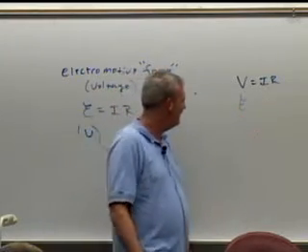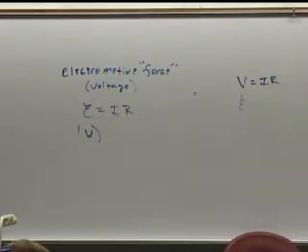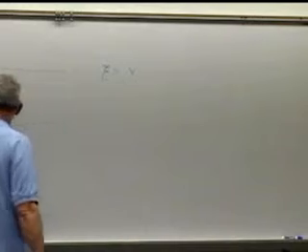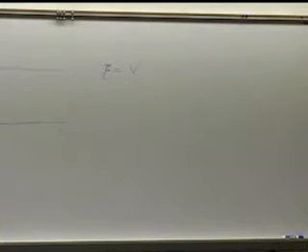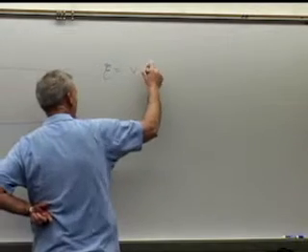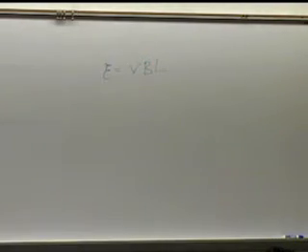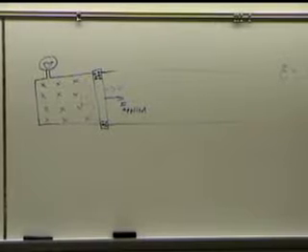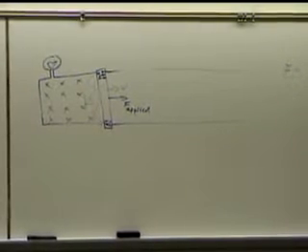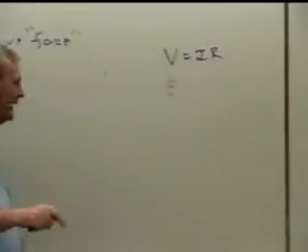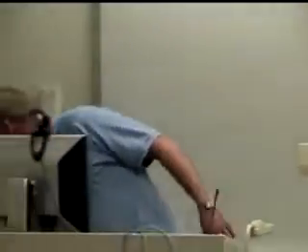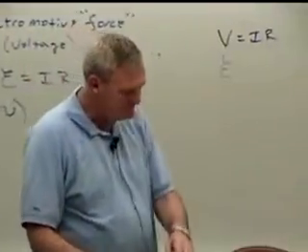So the formula for the electromotive force is this: E equals the velocity, however fast this thing is moving, velocity times the magnetic field times the length of the rod. And here's the length of the rod right here. Okay. So there we go.